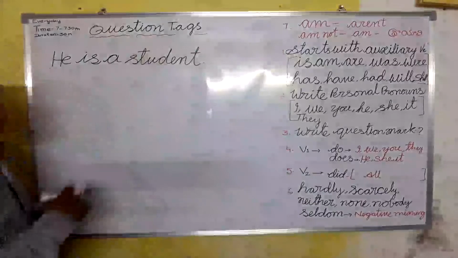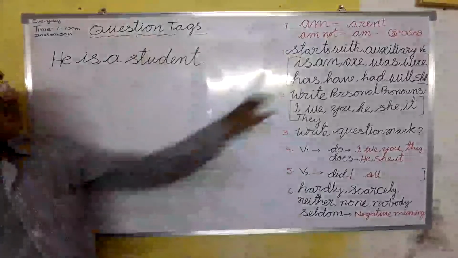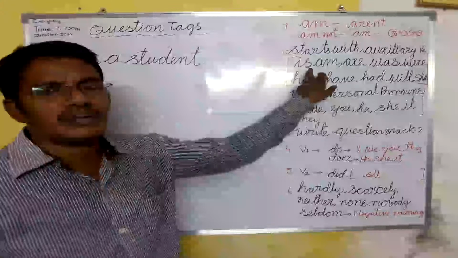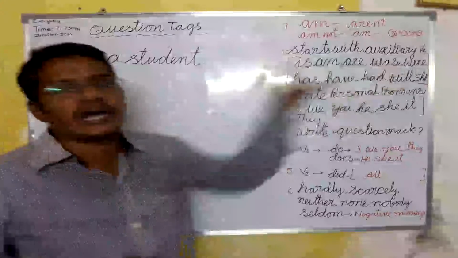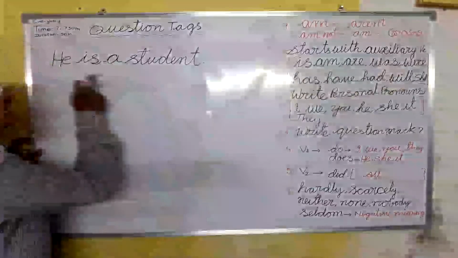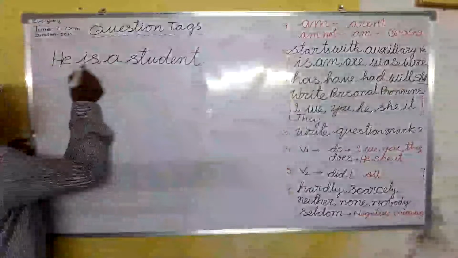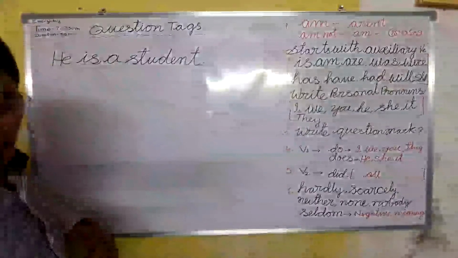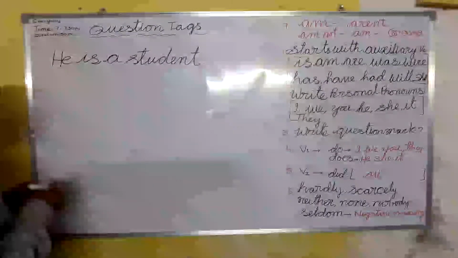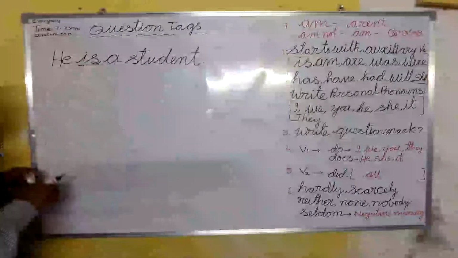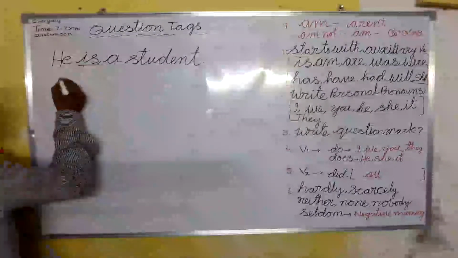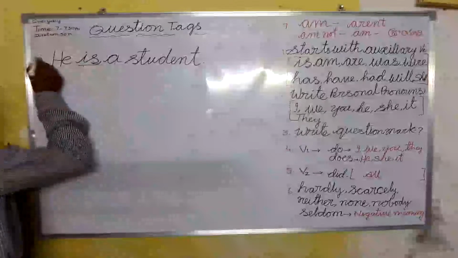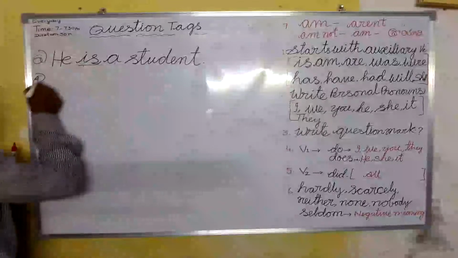Yes. What is the question tag for this sentence? First ఏం చేయాలని చెప్పుకున్నాము? ఇక్కడ హెల్పింగ్ వర్బ్స్ ఉంటే దాంతోనే స్టార్ట్ చేయాలి. What is the helping verb here? Is is the helping verb here. So the answer must start with is.